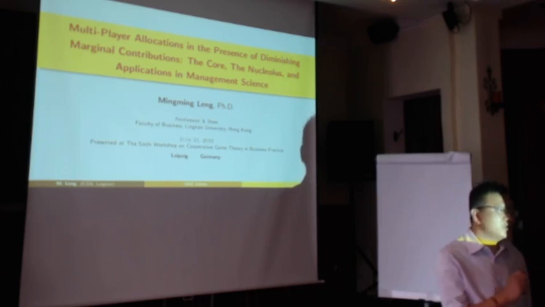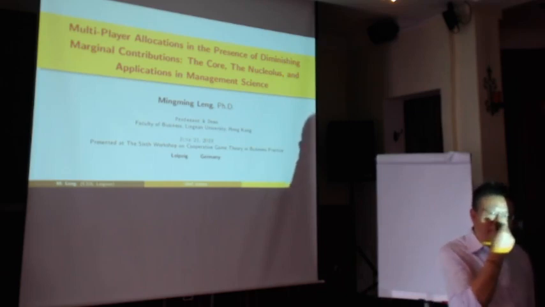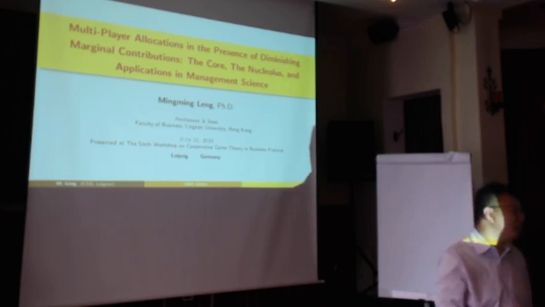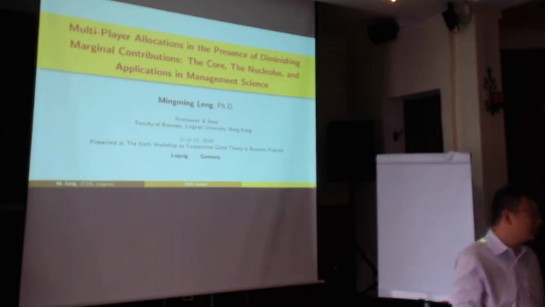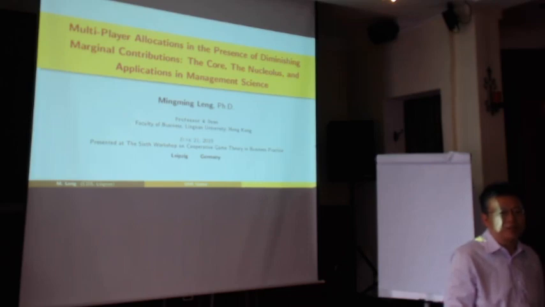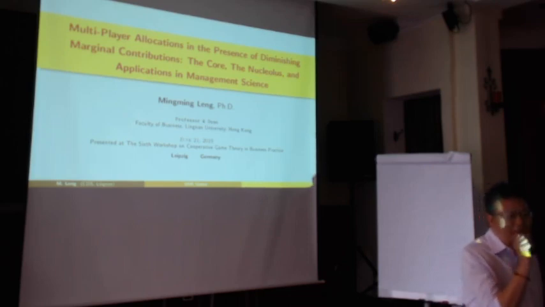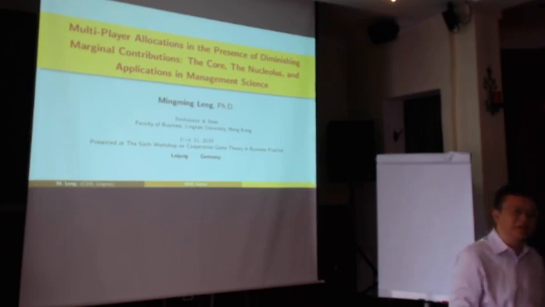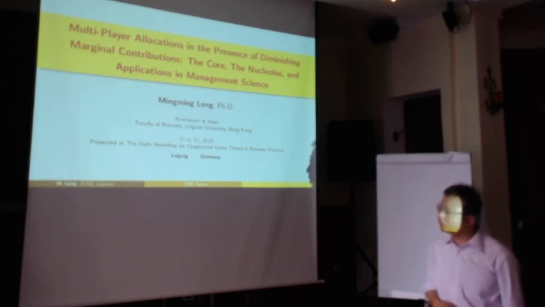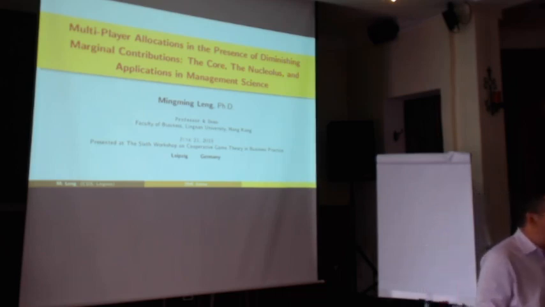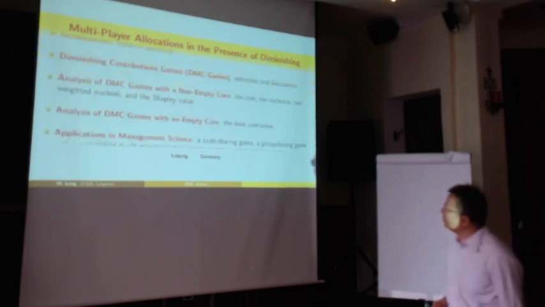We call this new class diminishing marginal contribution games, or simply DMC games. In this paper, we give a definition, we find many properties for these new games, and then we provide applications of these new games in marine science.